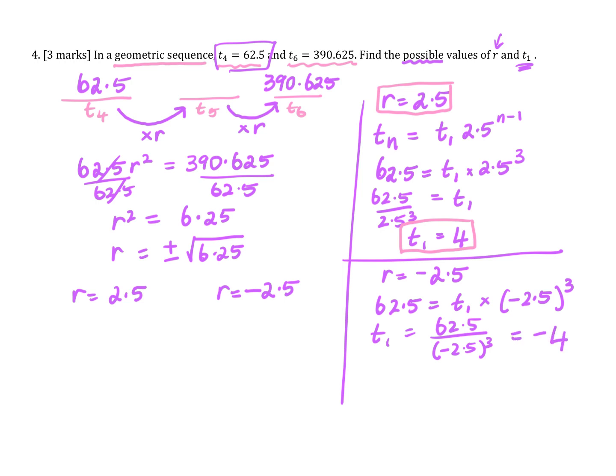So we've got our second solution here is this one. R is negative 2.5 and term 1 is negative 4. So to get the 3 marks, you needed to have both of those solutions. Now, because if we're just going this positive solution, really that's no challenge at all. That only got you 1 mark if you just got that. To get all 3 marks, you needed to get both solutions.